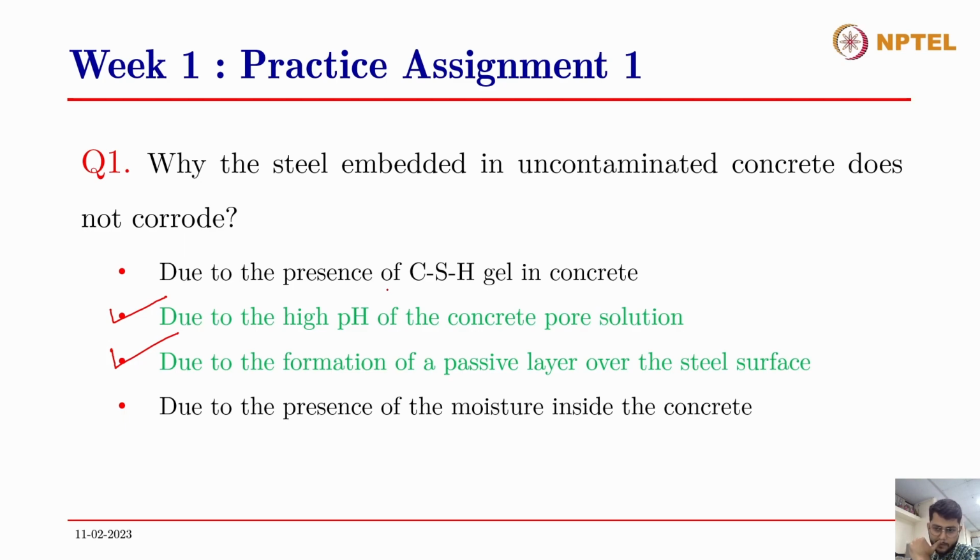So I'd also like to ask this question: why do you think a high pH of the concrete pore solution helps in restricting or preventing corrosion from happening? And the same thing about the second statement: what is the passive layer, and how does it help us in preventing corrosion?